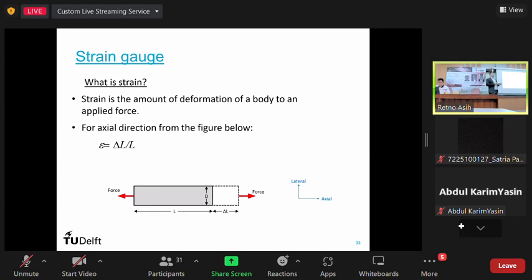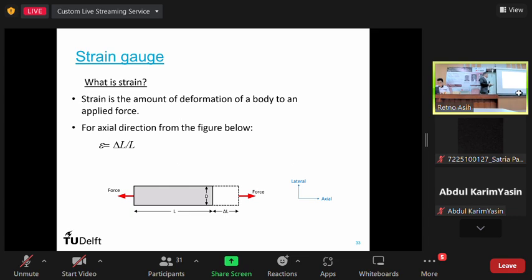Strain gauges. I guess most of you should be familiar, but a strain gauge, if you don't know, is the way you measure the strain, and strain is the deflection, displacement, or elongation divided by the initial length.